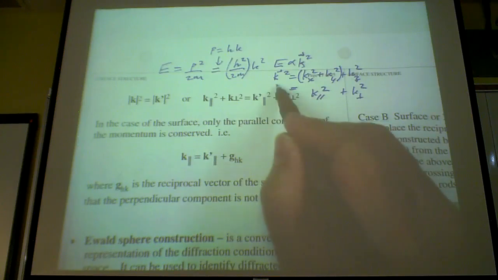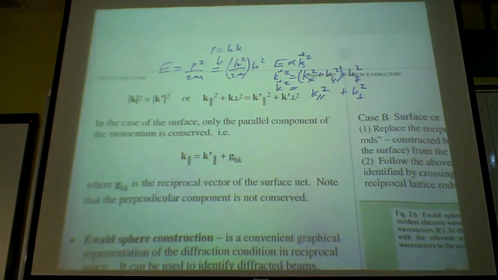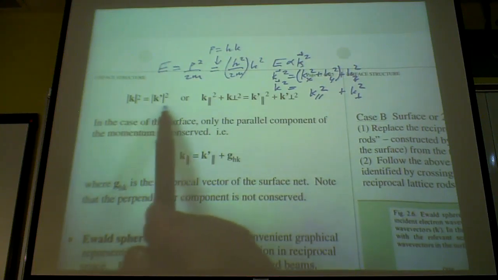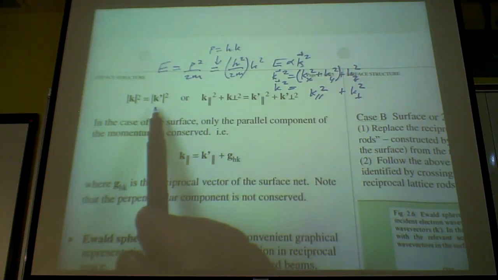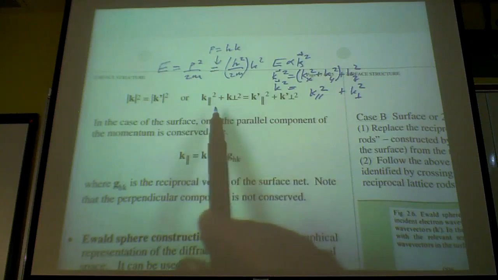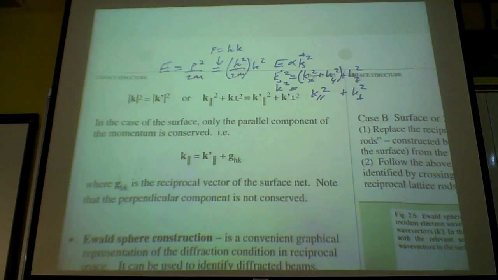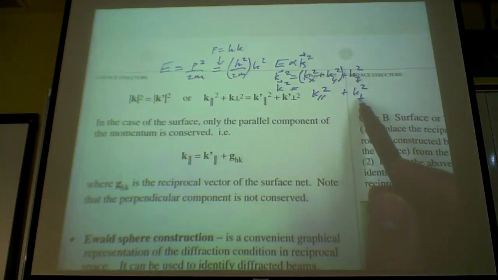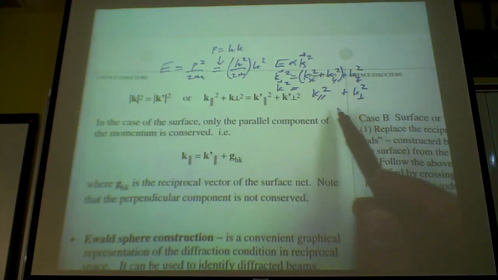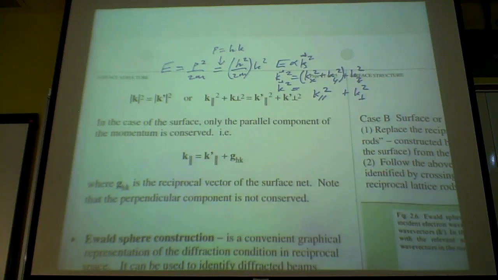So it's just an expansion like this. So when you write kinetic energy, the definition of elastic scattering, you can expand it into parallel, meaning surface parallel, and then perpendicular, meaning perpendicular to the surface plane.